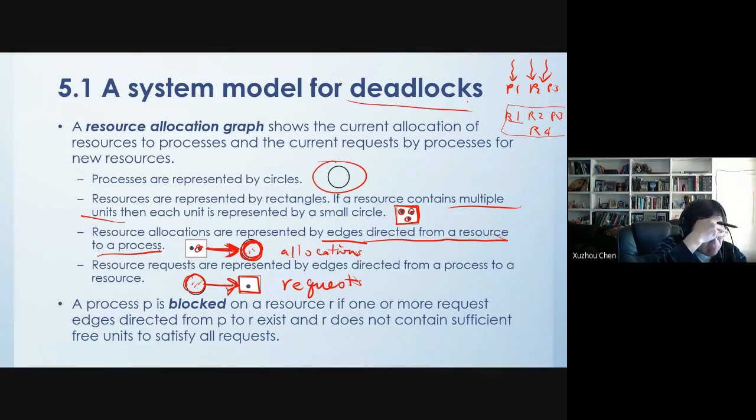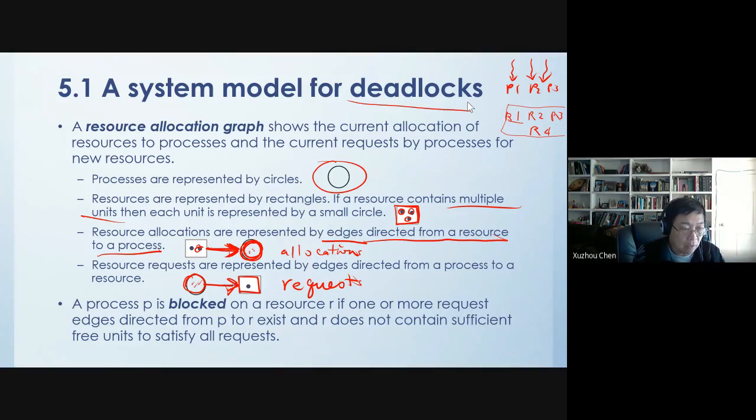Okay. Now, in operating system design, people use the resource allocation graph to create this scenario, and then they try to find a solution: how can we avoid any potential deadlock?